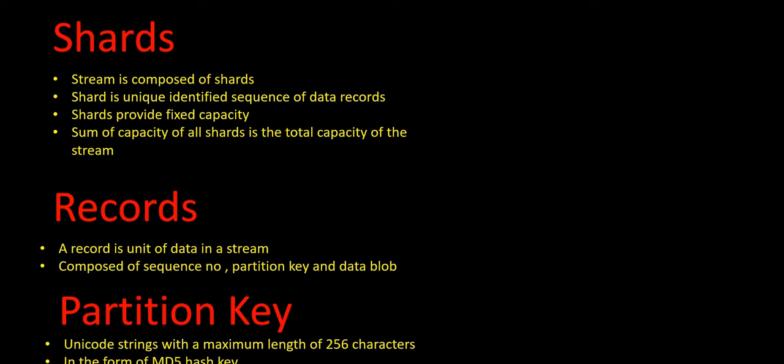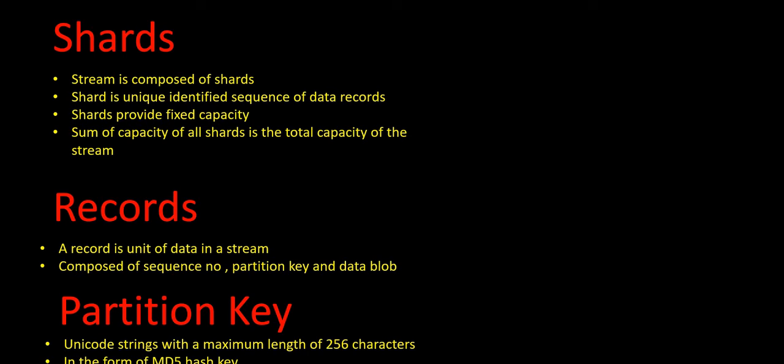First is sequence number, partition key, and then data blob. The data blob is the data of interest. So basically your main data which is coming in the record is inside the data blob, and the maximum size of a data blob is 1 megabyte.